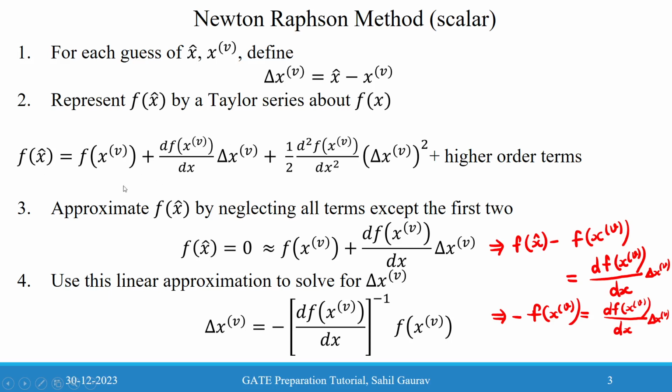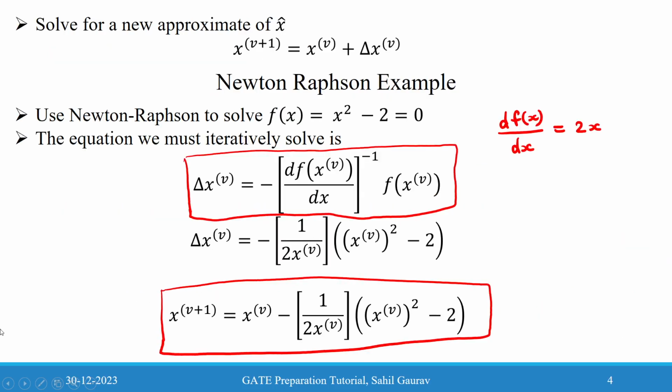Using Taylor series expansion, we approximate f(x cap) by neglecting all terms except the first two, that is f(x) and the first derivative of f(x), and we neglect the second derivative and the higher order terms. Upon solving this, we get the linear approximation to solve for delta x, and then we find the next new approximate of x cap using this equation.